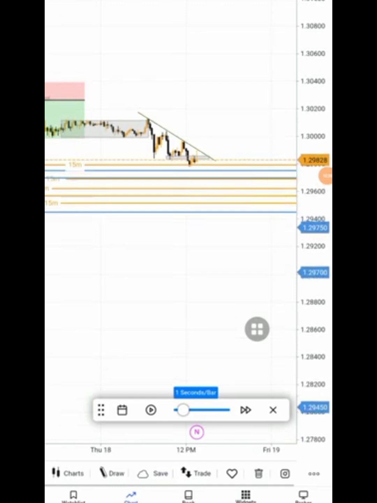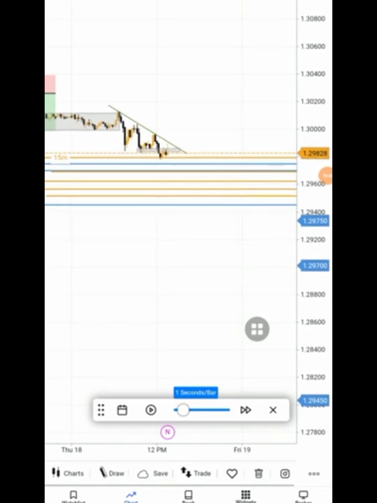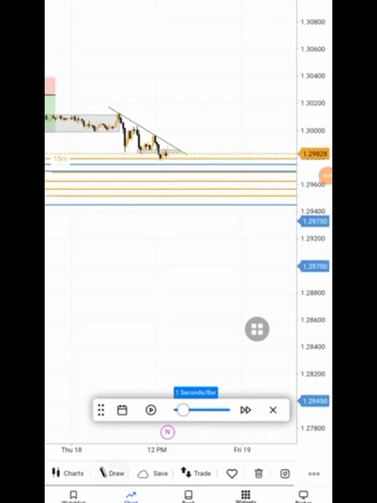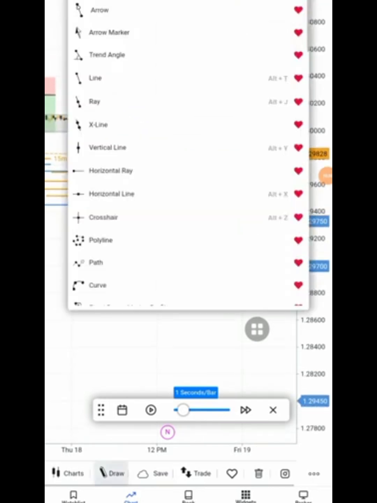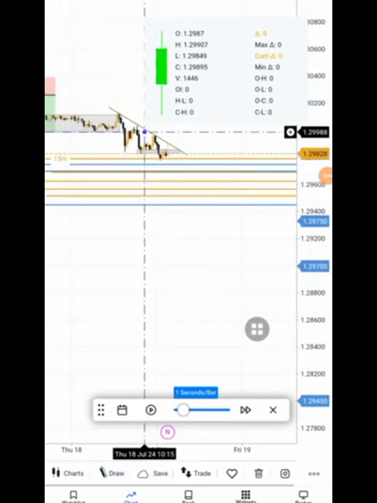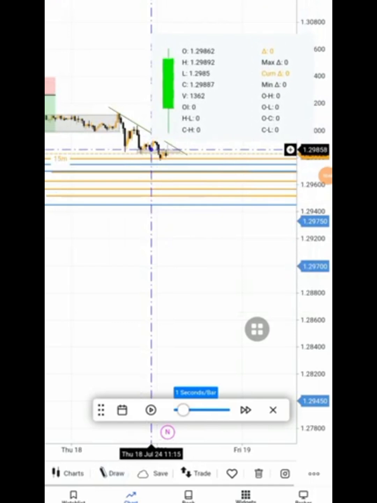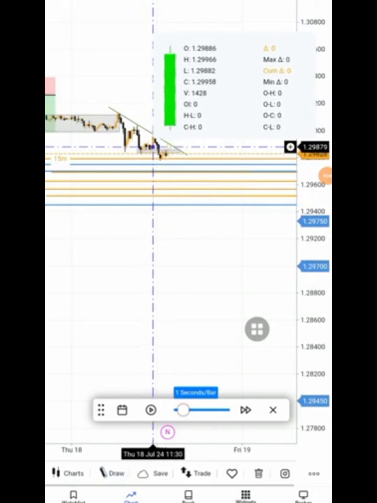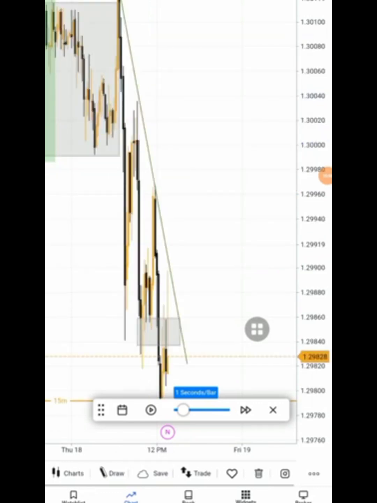Another thing, nice, we look out for the psychological level. Sometimes if we don't even consider the psychological level, it is very, very crucial. 99k, 9850. This one is 987.